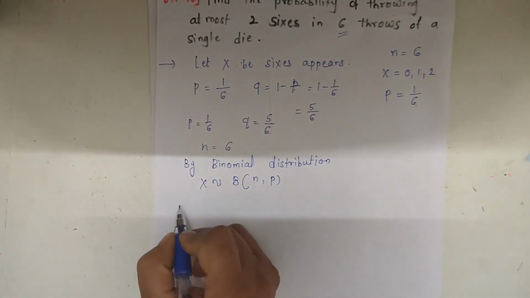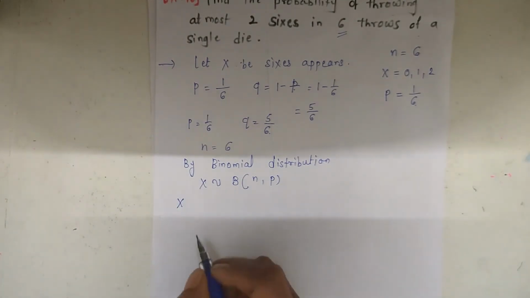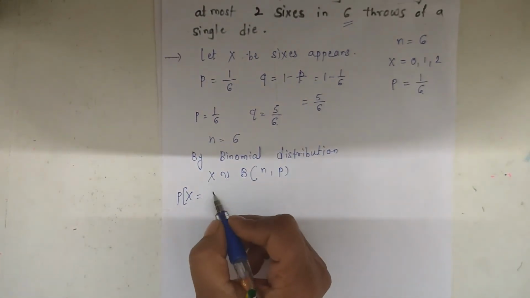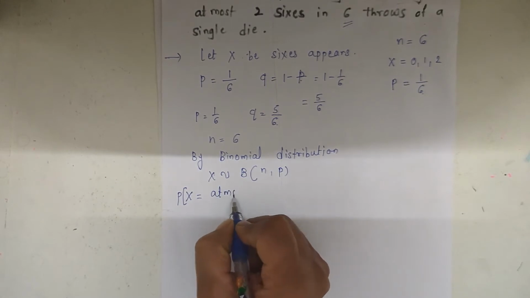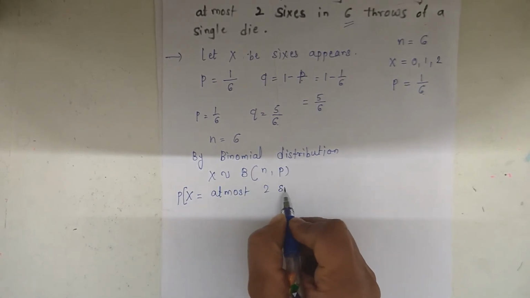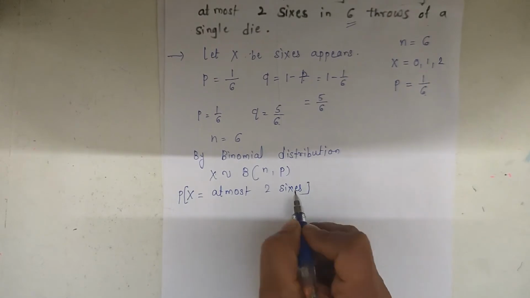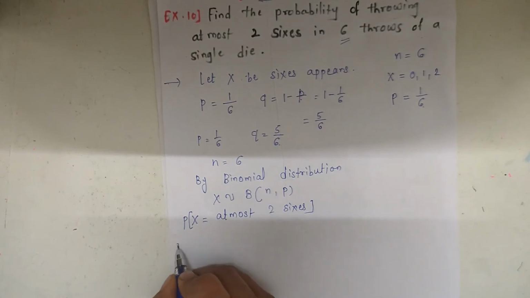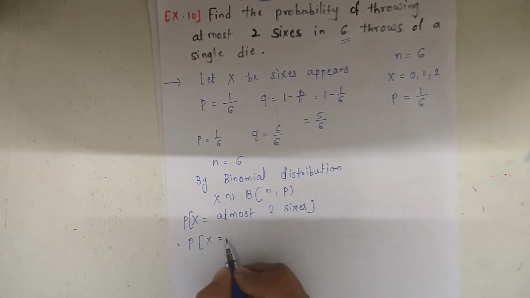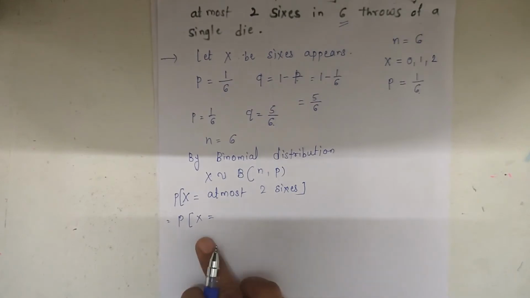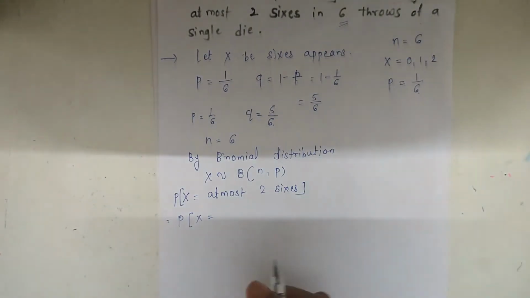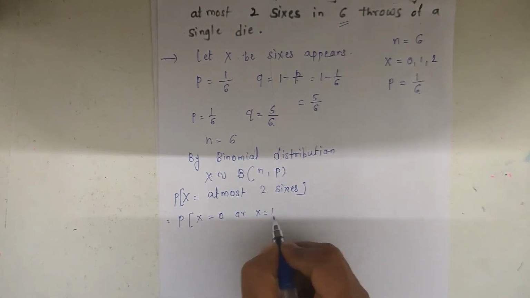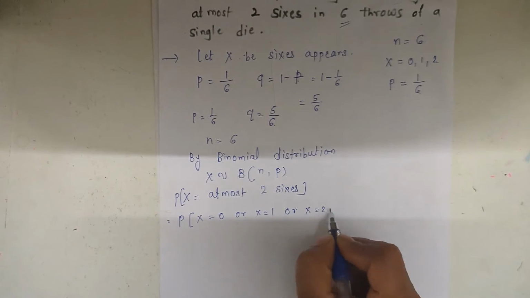Now we have to find the probability for x at most 2 sixes. That is, the possible values of x are 0, 1 and 2. So x is equal to 0 or x is equal to 1 or x is equal to 2.